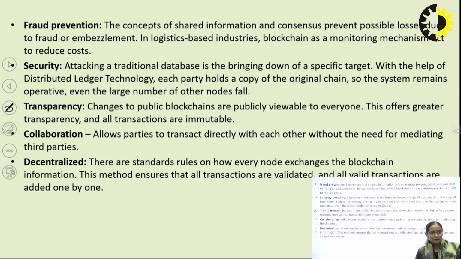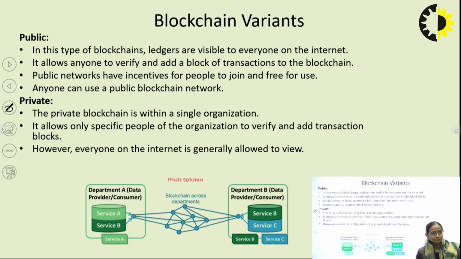Transparency is there, that is, changes to public blockchains are publicly viewable to everyone, and therefore it offers greater transparency and all the transactions are immutable. Collaboration. It allows the parties to transact directly with each other without the need for a mediating third party. It is decentralized in nature.